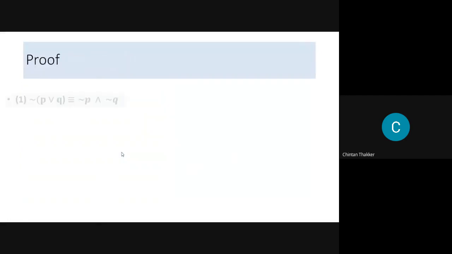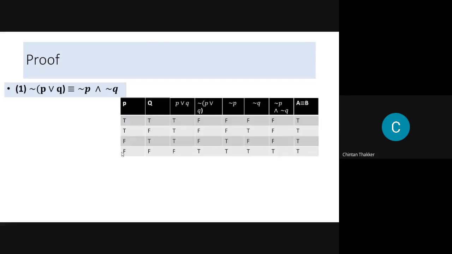Now to prove this theorem, we use the truth table. We make the truth table with P, Q, P or Q, the negation of P or Q, then negation P, negation Q, negation P and negation Q. This one we denote by A, this one by B, and then we check A if and only if B. If A if and only if B is all T, then we say that A is equivalent to B. So using this truth table, we prove that these two are equivalent.